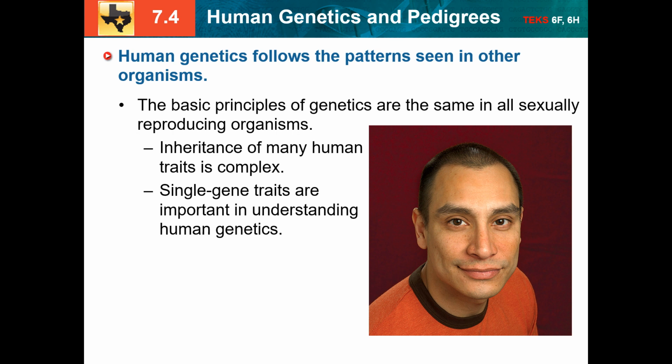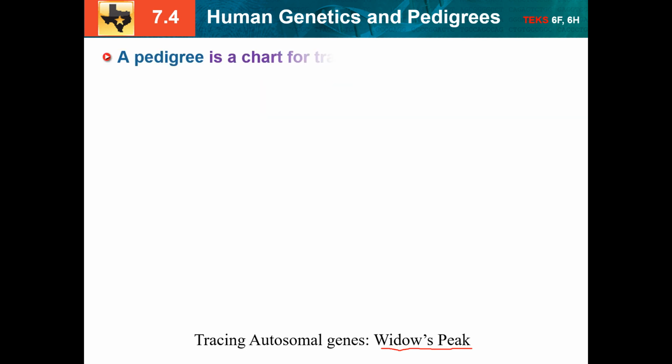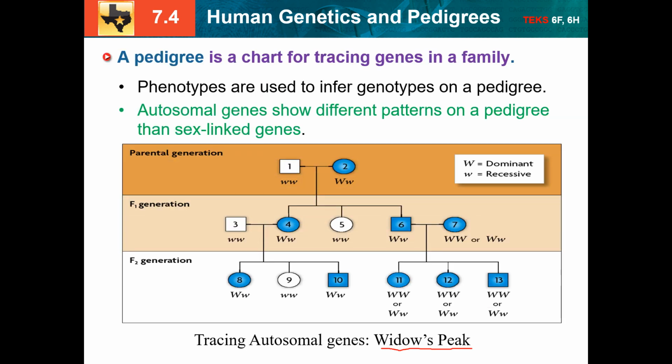It's that little point at the front of the forehead, and that's actually known as a dominant trait. If you remember back to Mendelian genetics, a dominant trait is where you only need one of the chromosomes in order to express it. Whereas a recessive trait is something where you need 2. You always have to have 2 of the alleles in order for the trait to be present.